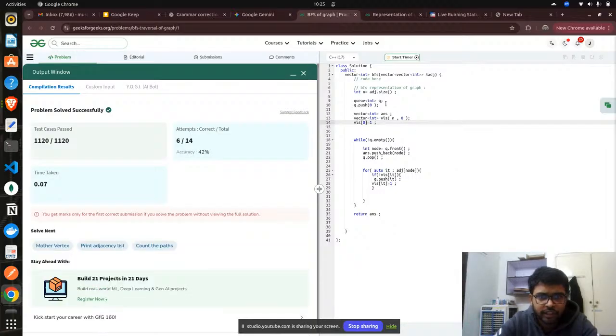So this is the standard way to write BFS. First we will declare the queue and mark visited of 0 equal to 1 here, like the root node.